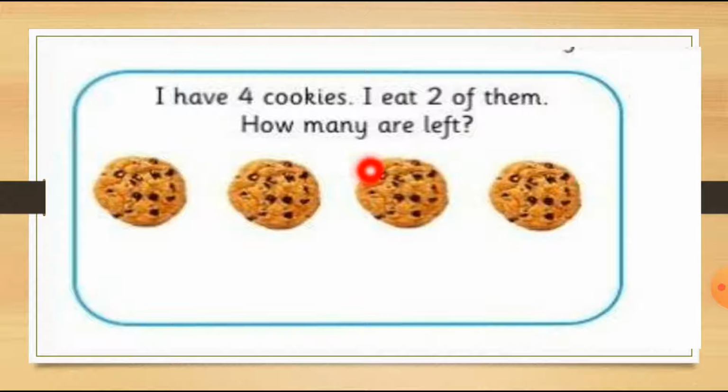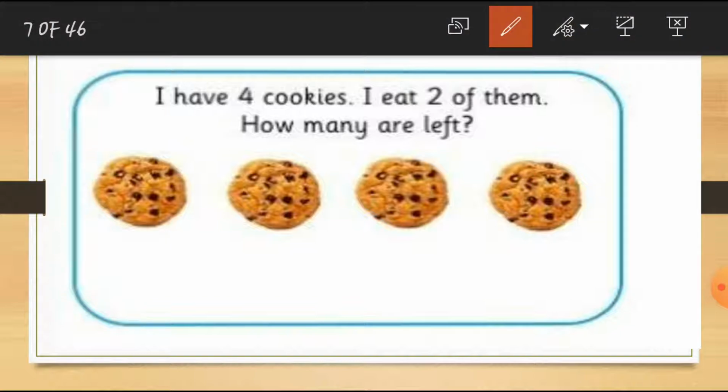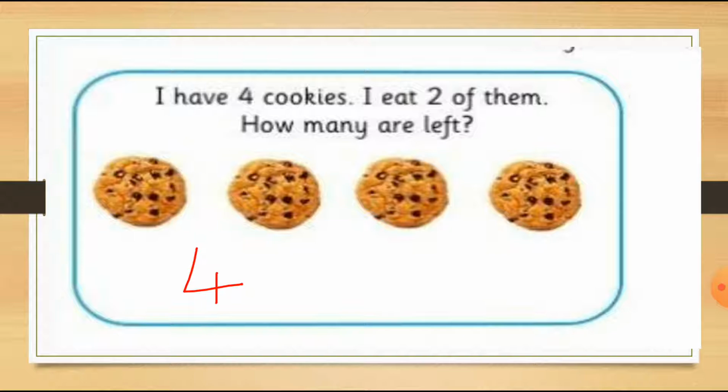Let's read one example for you. I have 4 cookies. I eat 2 of them. How many are left? So you can see here are 4 cookies. Let's write the big number first. I write number 4 here because we have 4 cookies, and 4 and 2 we found from this problem.